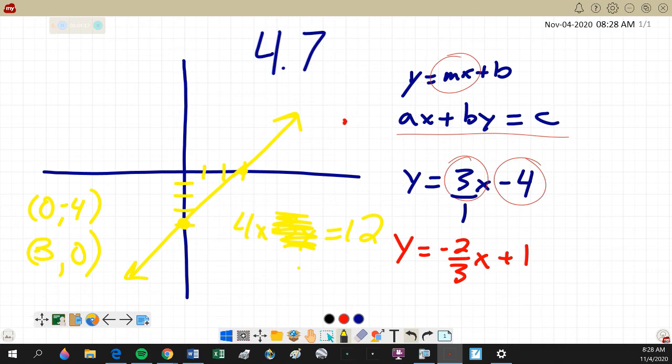Okay, let's do another one. So 1/2 x plus 3y equals -6. Cover up the x. What does y equal? -2. Cover up the y.